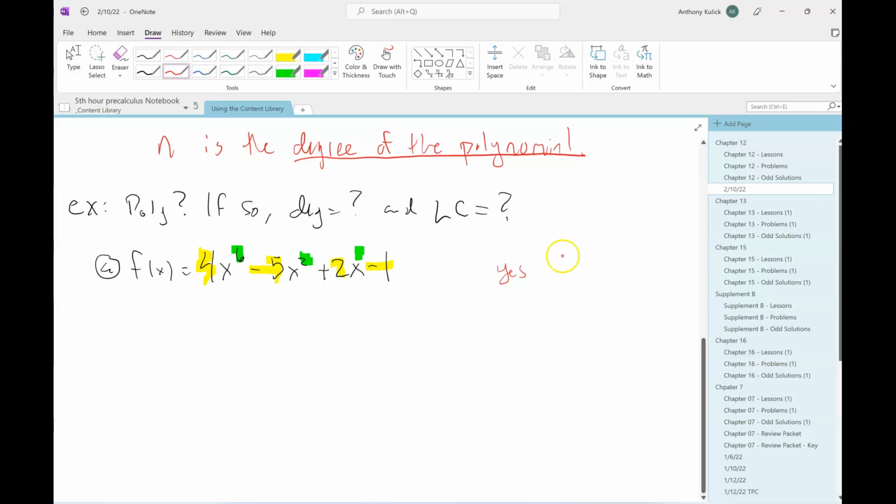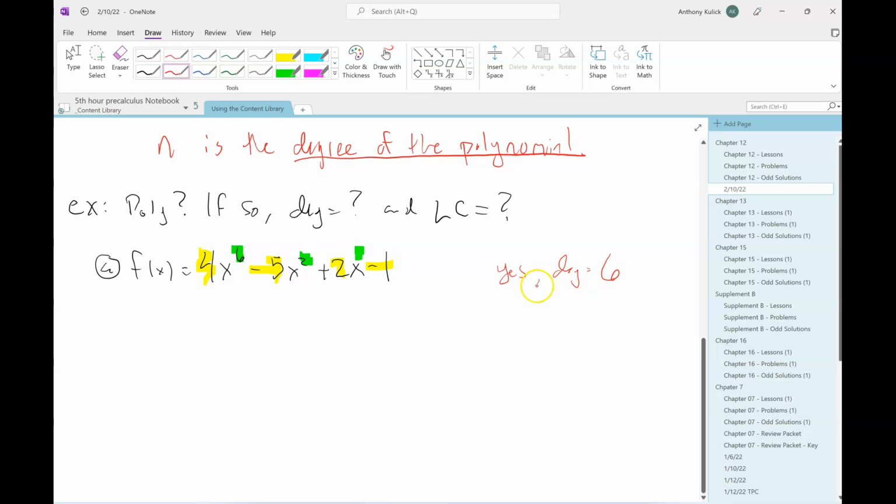So since this is a polynomial, what's the degree for this polynomial? What do you guys think? It's 6. Just the biggest exponent on the variables. Cool there.